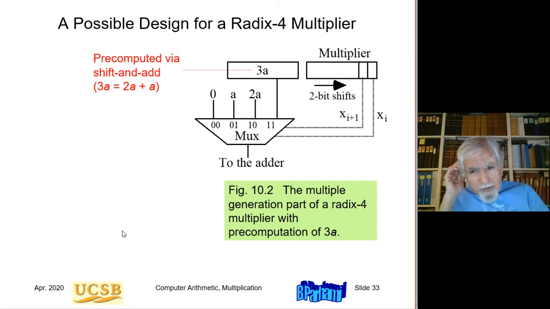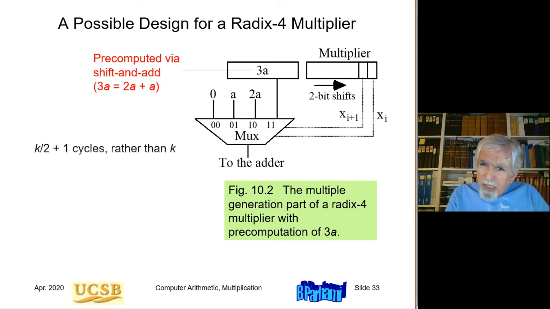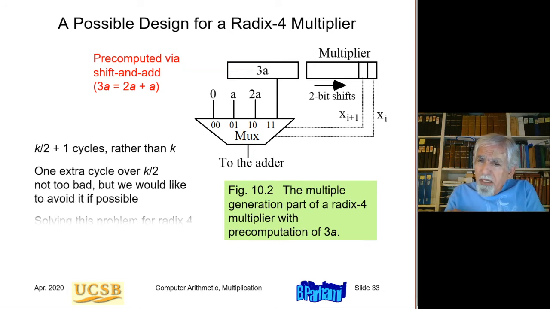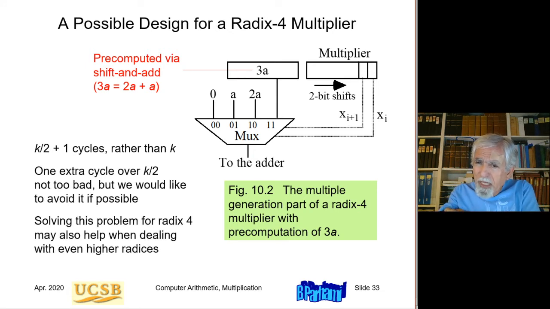So this solves the difficult multiple problem, the 3a problem, by adding a cycle to the beginning of the multiplication. So the number of cycles, instead of being halved from k to k over 2, is almost halved. It goes from k to k over 2 plus 1, where that one additional cycle is used to compute 3 times a and store it in this register.